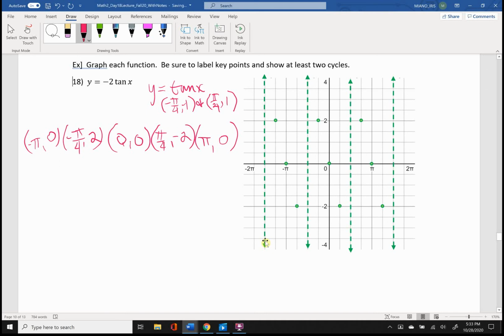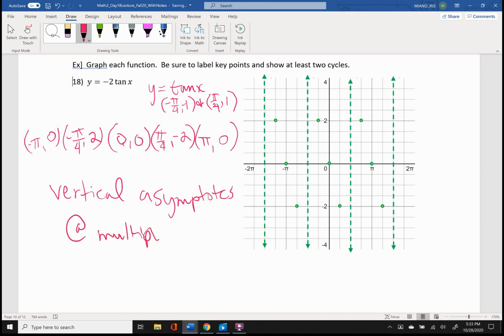Okay, let's go ahead and actually show the position of these 3 points right here, and also we have vertical asymptotes. I forgot to mention that, and now I'm showing it to you. Vertical asymptotes at multiples of pi over 2.